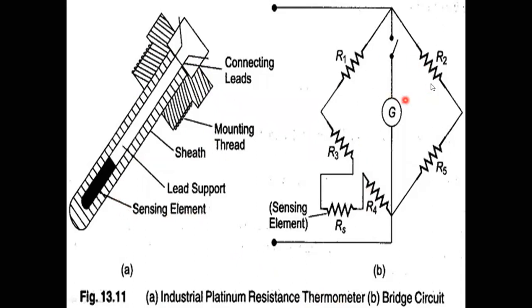In that Wheatstone bridge I am going to have these resistances R1, R2, R3, R4, R5, and RS, and between R3 and R4 I am going to place this sensing element. This is one terminal and this is another terminal. These two leads I am going to place here. This is the sensing element. From this bridge circuit I can acquire the change in resistance.